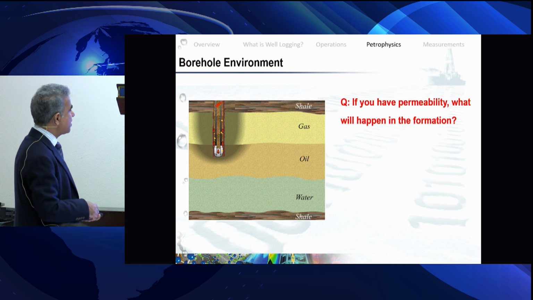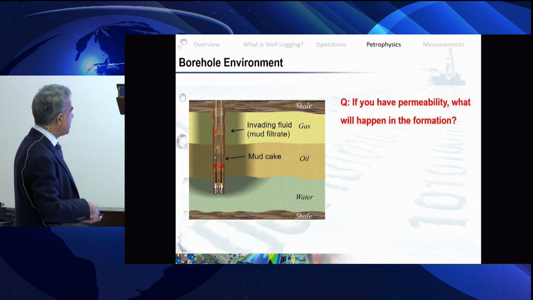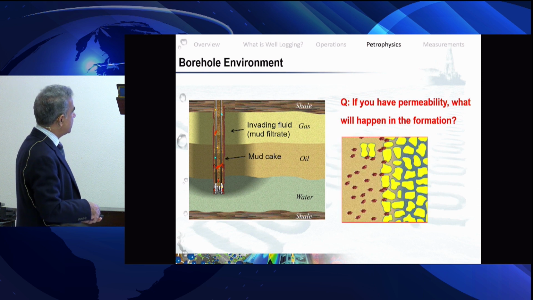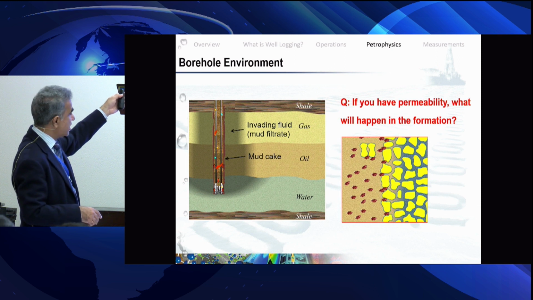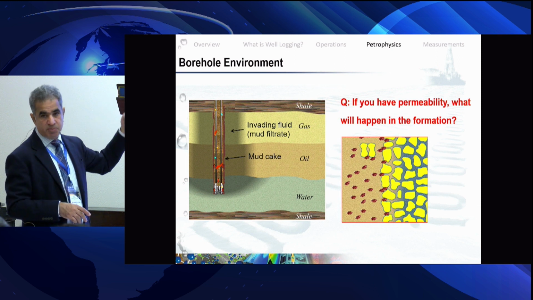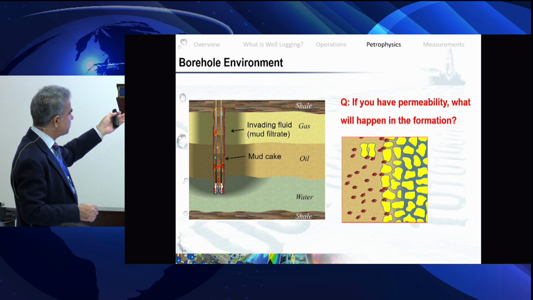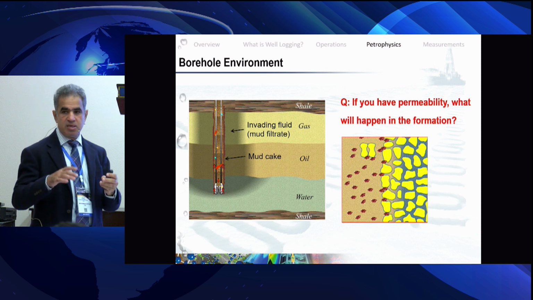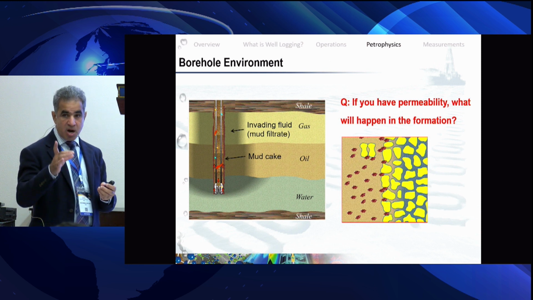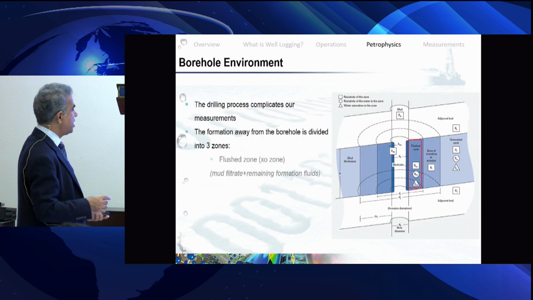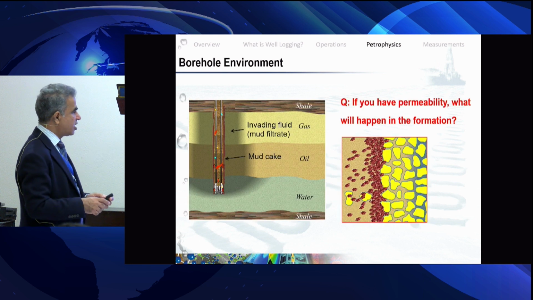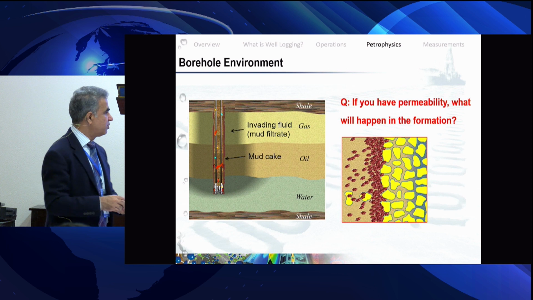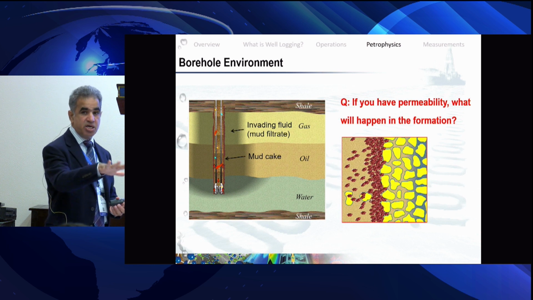If we have permeability, what will happen in the formation? You see overlaying shale rock, and some reservoir rock which has porosity, permeability, and then different fluids: gas, oil, water. As the bit drills, there is mud in the borehole which will make a concentration along the borehole wall, and some fines penetrate into the formation.